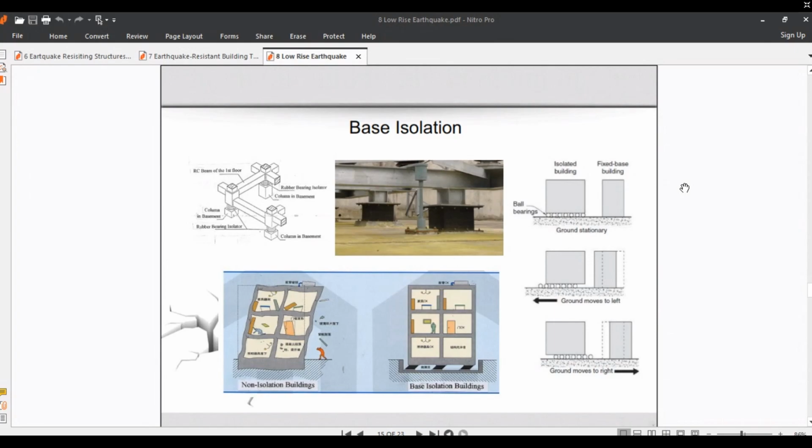You can see the non-isolated building after the earthquake gives destruction in the building. But the base-isolated building is safe, with no destruction.